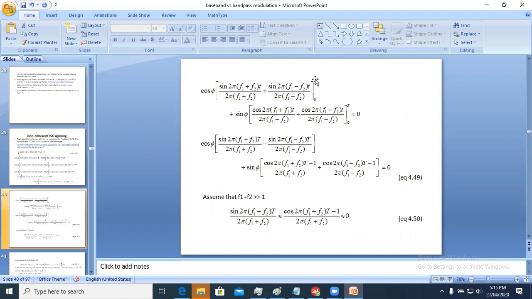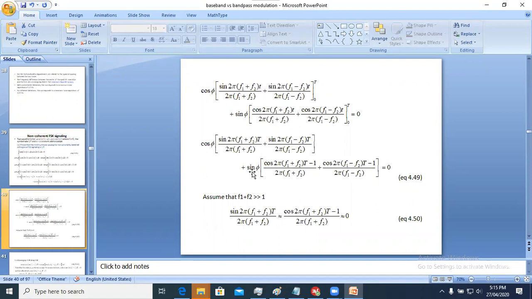When we apply the limits T and 0, the sine of 0 is 0. So we subtract 0, and we will have this T component here. When we subtract the 0 component from this, we will have the value 0.